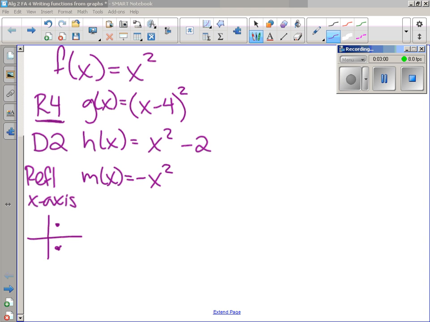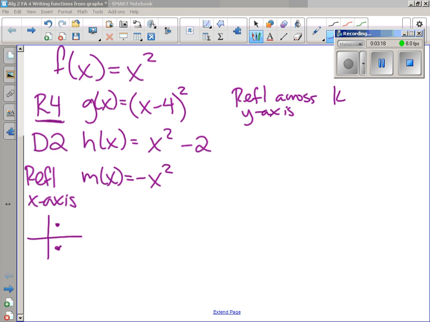If I want to do a reflection across the y-axis, and let's call this k of x, I need to put that negative inside the parentheses like that because it's a horizontal change.